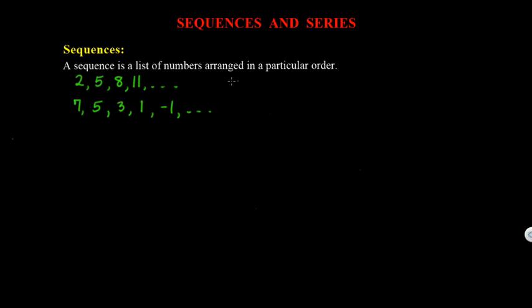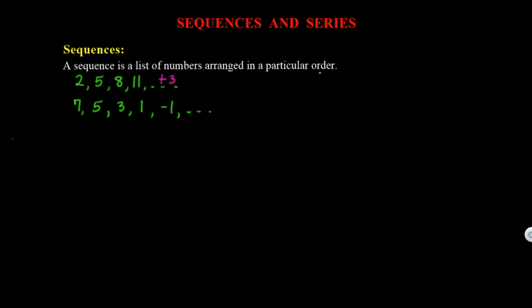Let's look at the very first one. We have 2, followed by 5, followed by 8. If we notice this, we will realize that this list of numbers is increasing by adding 3 to each term. So here, plus 3 is what is being added to each term. And let's look at the second one. 7 goes down to 5, goes down to 3.